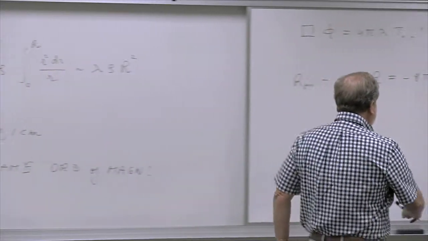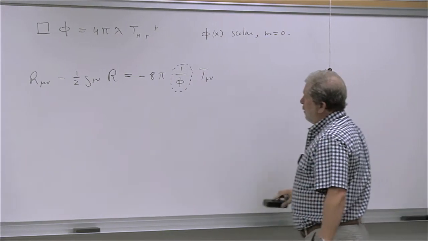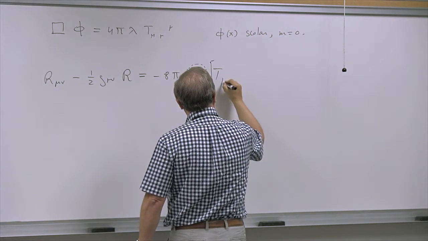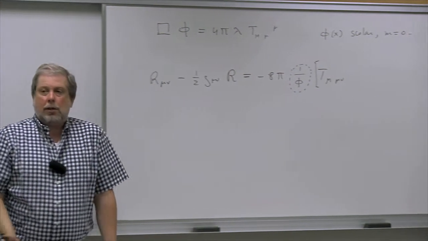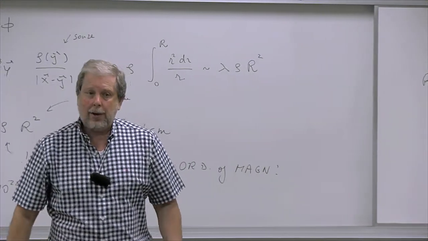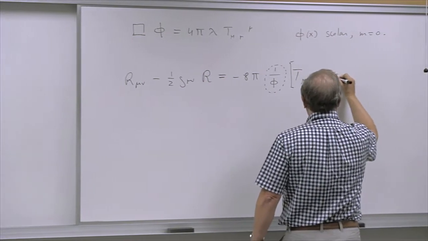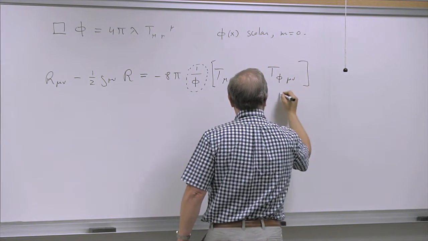Now, this is not the end of the story, because the field is, well, it's a new field, it's a new particle, right? And so it will carry energy and momentum. And now we see why we put the m here, because there's going to be also a phi contribution like this.